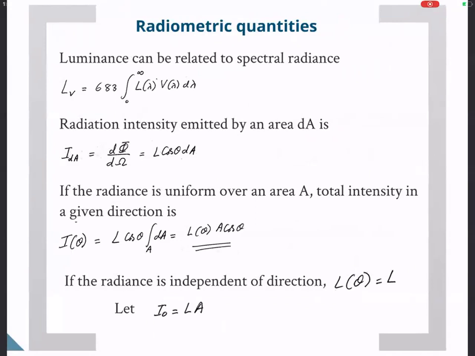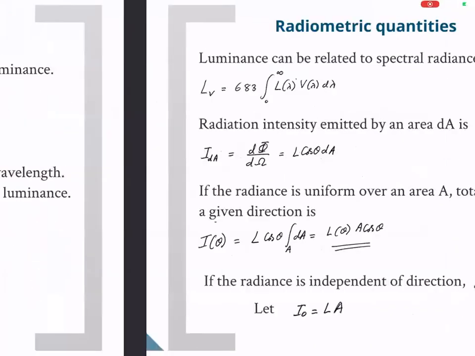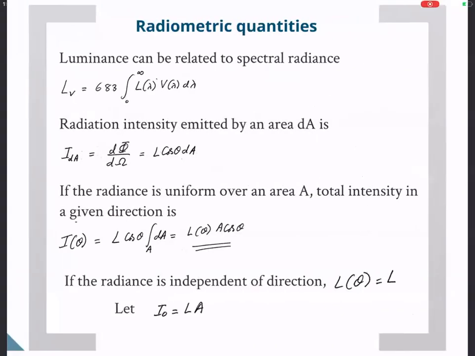Now we know we can relate these two things, radiometric and photometric quantities, by this relatively simple integral, where you are accounting for the sensitivity of the human eye. That's what this is, and some normalization factor, okay?